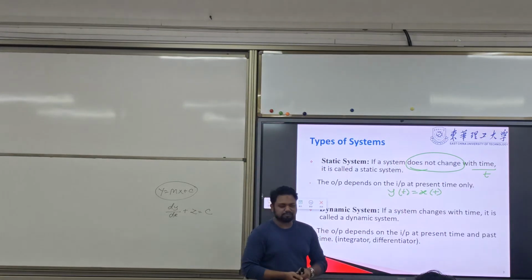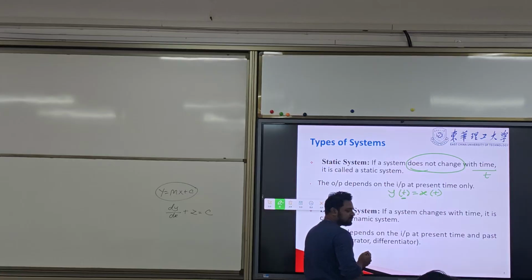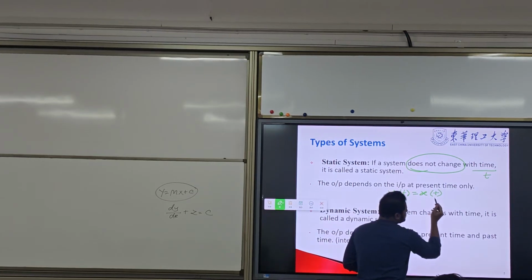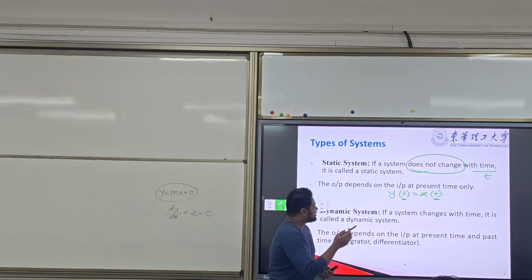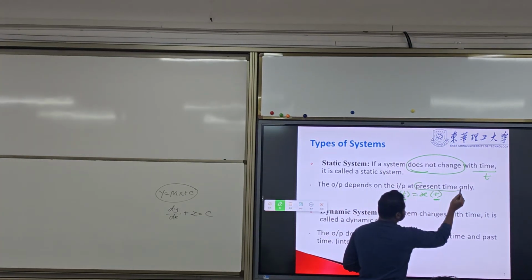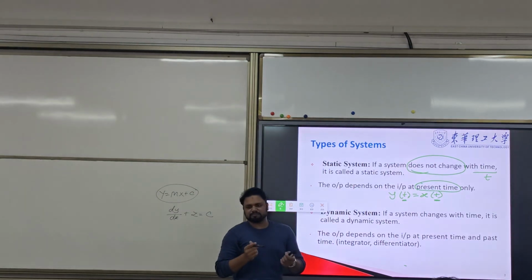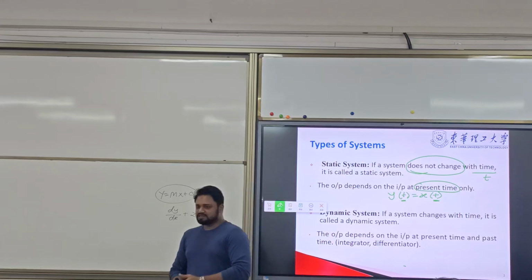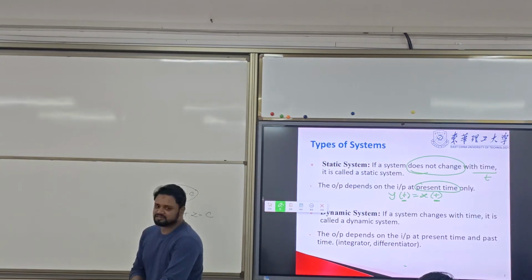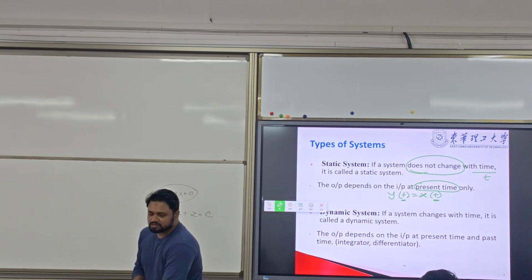This is a static system because the output at t depends on the input at t, that is, the present time. A static system does not change. Static means fixed. It will not change.